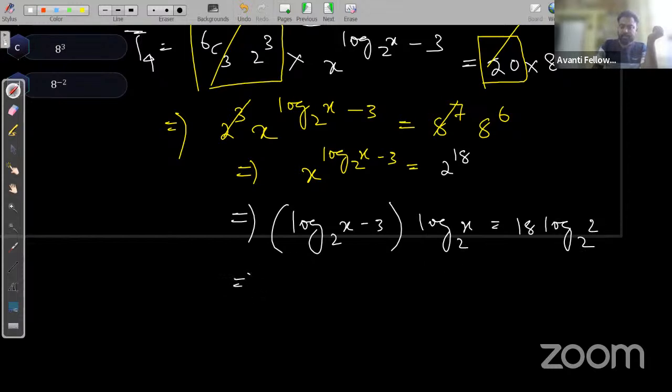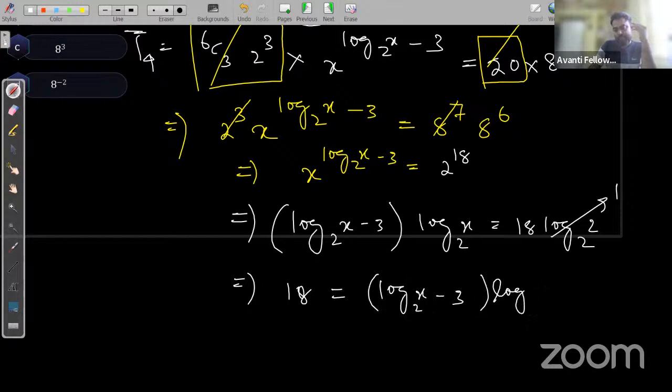Log of 2 to the base 2 becomes 1 or not? Yes. So 18 is equal to log of x to the base 2 minus 3 into log of x, right? Let us take log of x is equal to t.